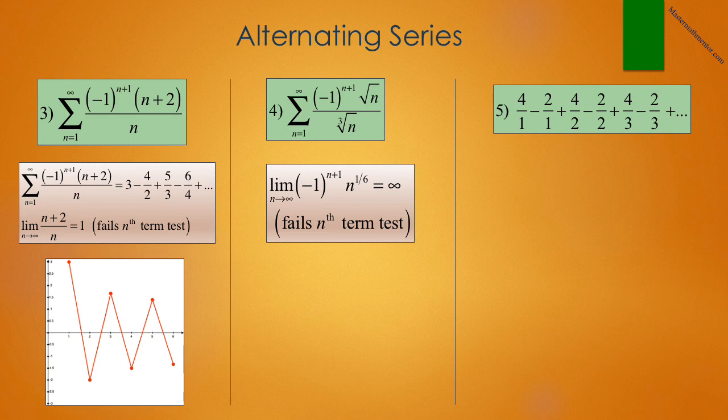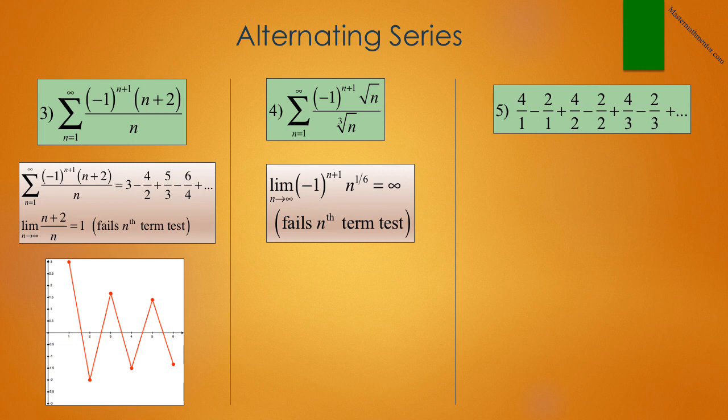Number 4 reads summation n equals 1 to infinity of negative 1 to the n plus 1 times the square root of n over the cube root of n. We won't write the series here, but it's clear because of the negative 1 to the n plus 1 that it is alternating. When we look at the square root of n over the cube root of n, we can write that as n to the 1/6. So our series is summation n equals 1 to infinity of negative 1 to the n plus 1 times n to the 1/6 power.